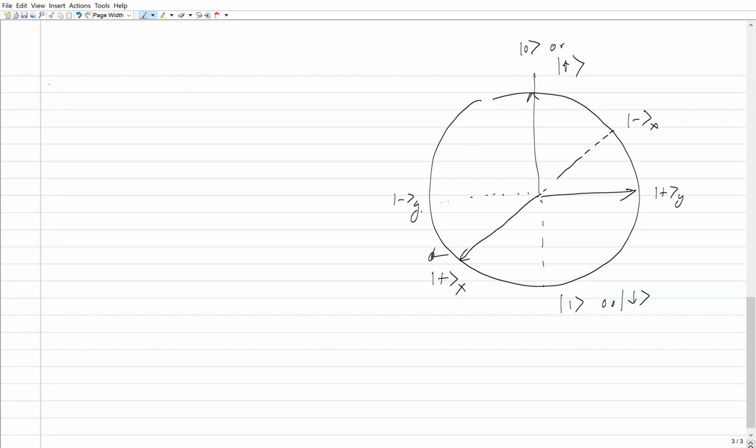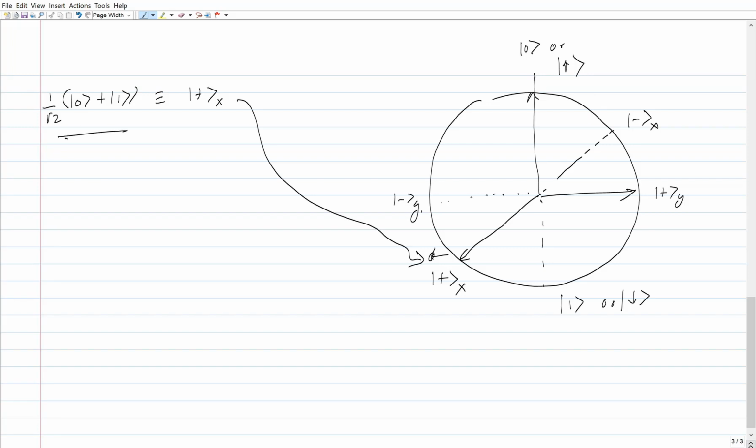What I'll do is start with this state, which is also known as the plus x state. This is over here. So what do I do? I act on the state with my Hamiltonian.